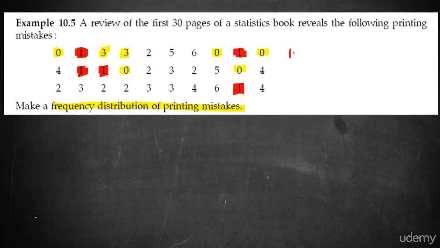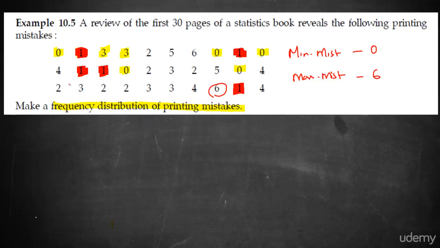Let me repeat, the minimum mistake is 0 and the maximum mistake which we pick from this table appears to be 6. So what we can do is list out the mistakes 0, 1, 2, 3, 4, 5, 6, and identify in how many pages these mistakes were repeated. That is going to give us the frequency.